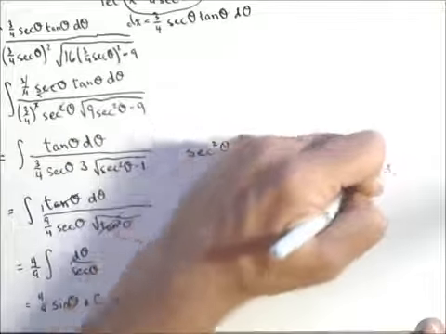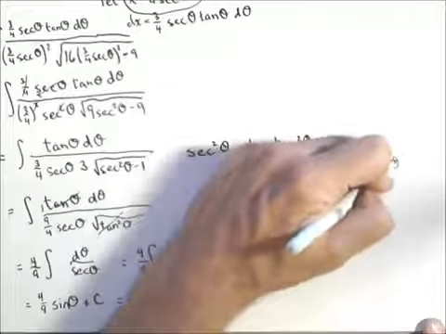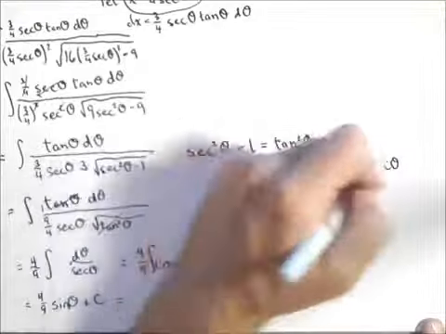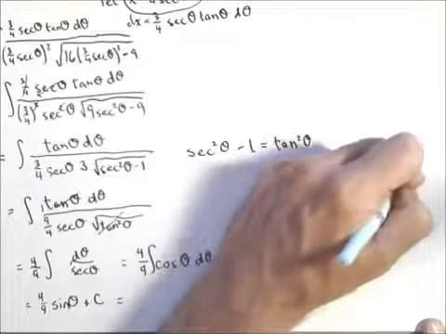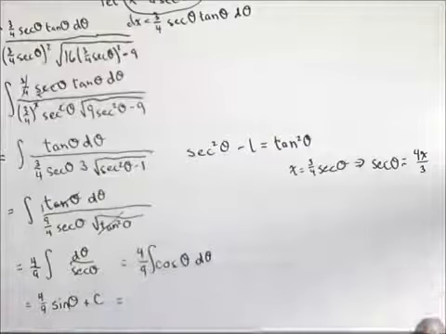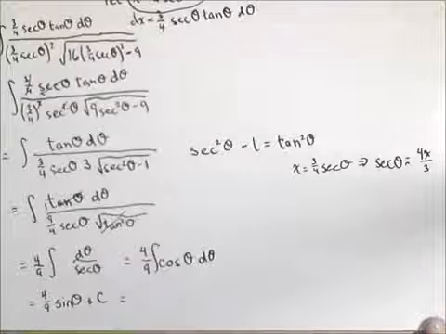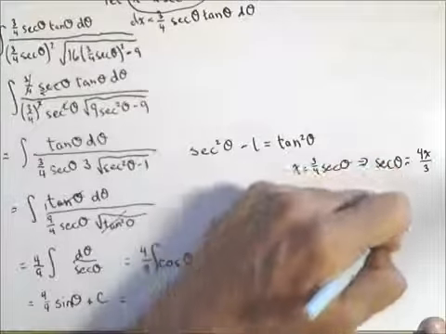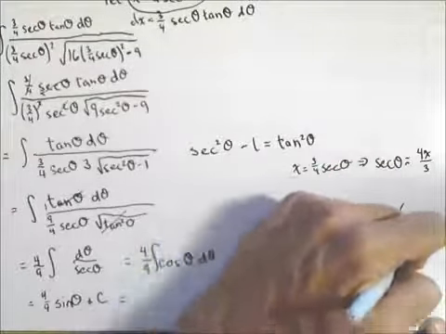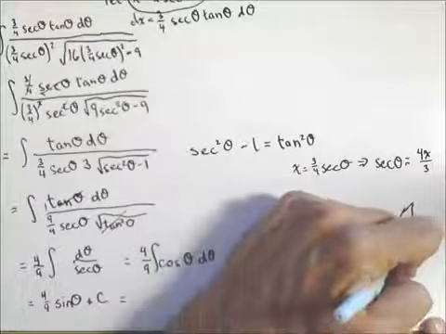Well, that tells us that secant theta equals 4x over 3. Now, I like to use a right triangle, but we could use a Pythagorean identity. There's a lot of different ways you could do this.